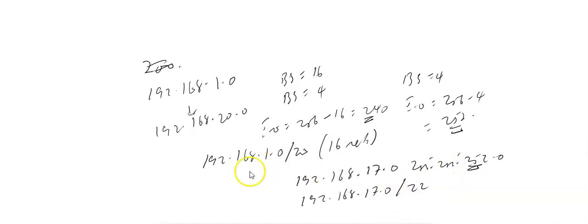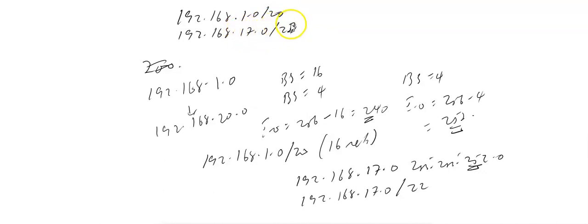So summarizing all these 20 rows, you are going to have 2 summary addresses. The first one will be 192.168.1.0 slash 20, and the second one will be 192.168.17.0 slash 22. These are the 2 summary addresses.